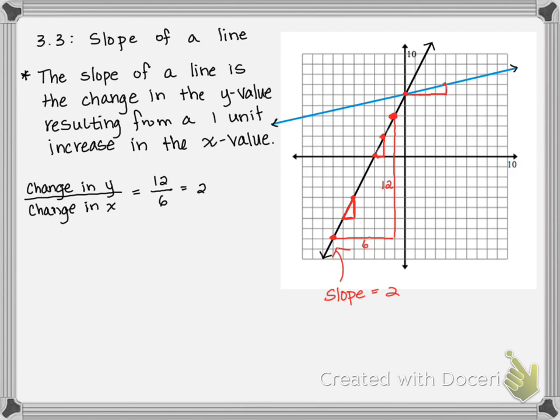So I can go from 0.6 to 4.7, and that's a change of how much in my x value? 4. And in my y value? 1. Good. So in that case, the change in y over the change in x is 1/4.